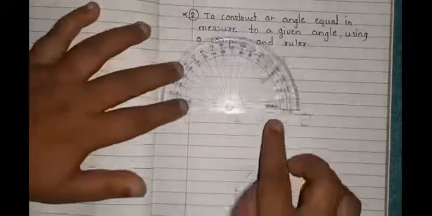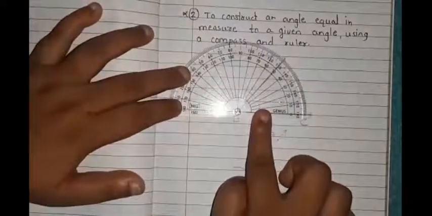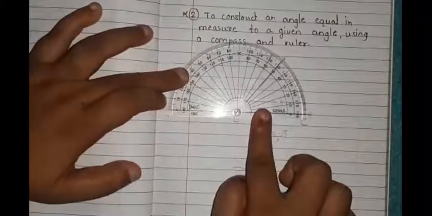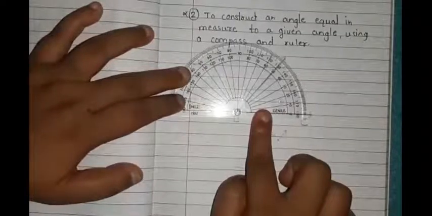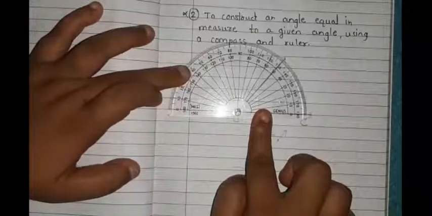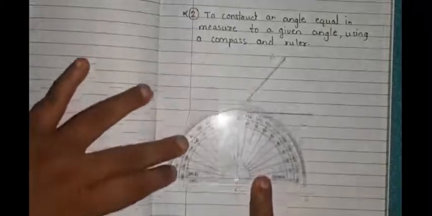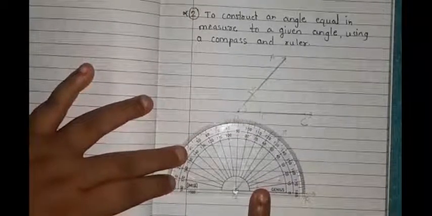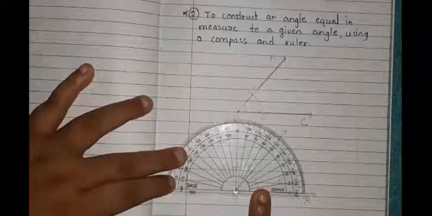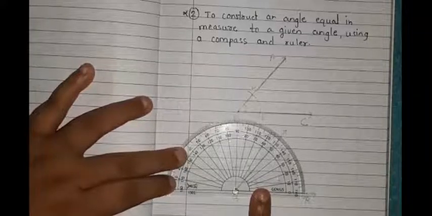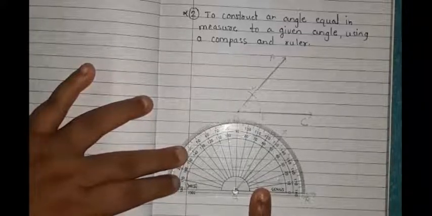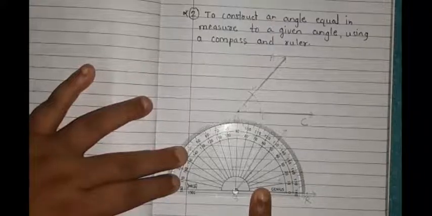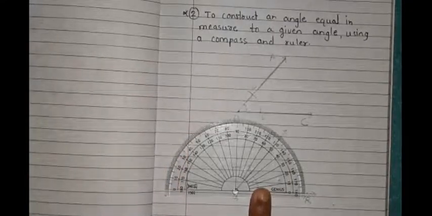See, I'll keep the protractor on ABC first. Measure of the angle is 50 degree. Now I will keep it on PQR and check its measurement. So if you see, PQR is also exactly 50 degree. Yes or no? So both the angles are equal.